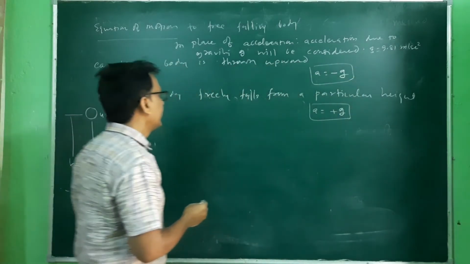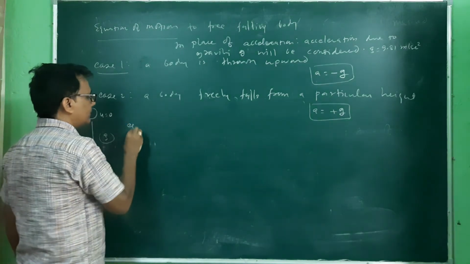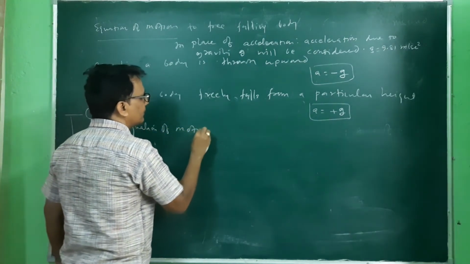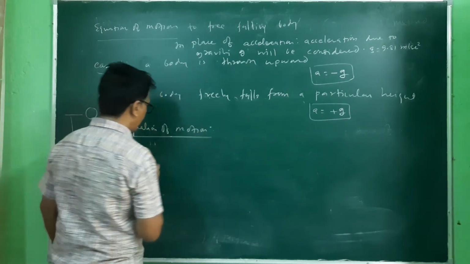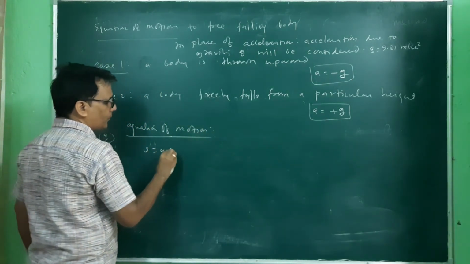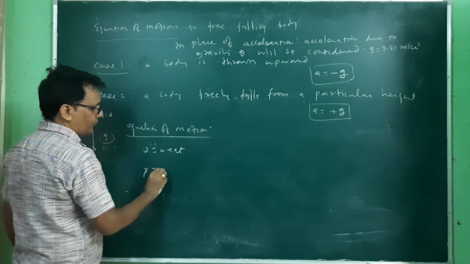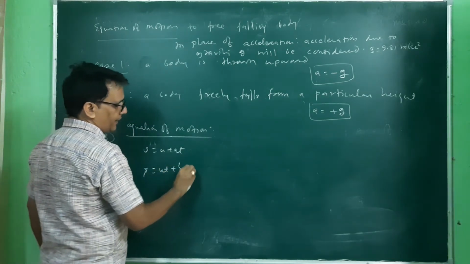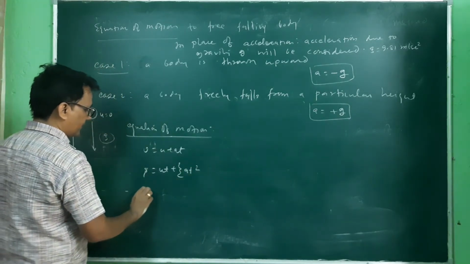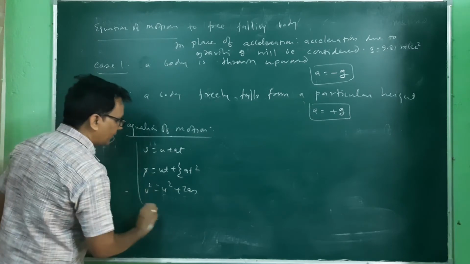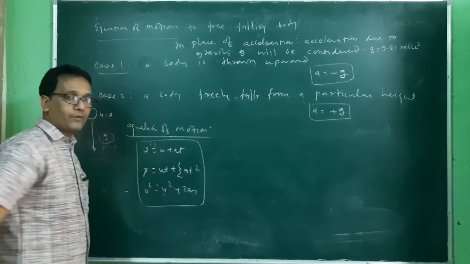So the general equations of motion are v equals u plus at, s equals ut plus half at square, and v square equals u square plus 2as. These are the equations of one dimensional motion.